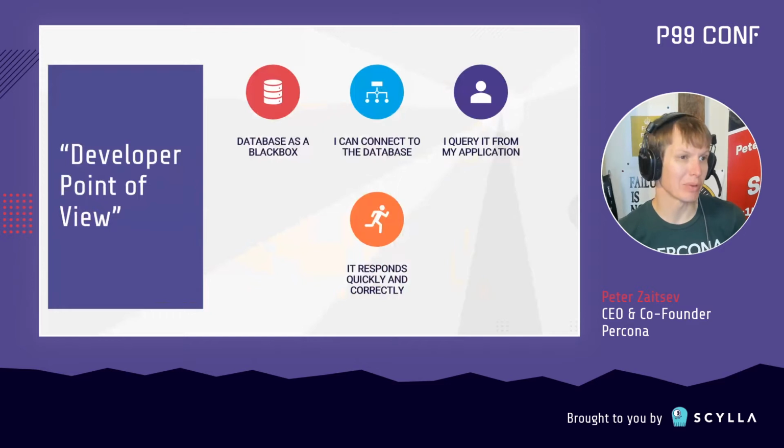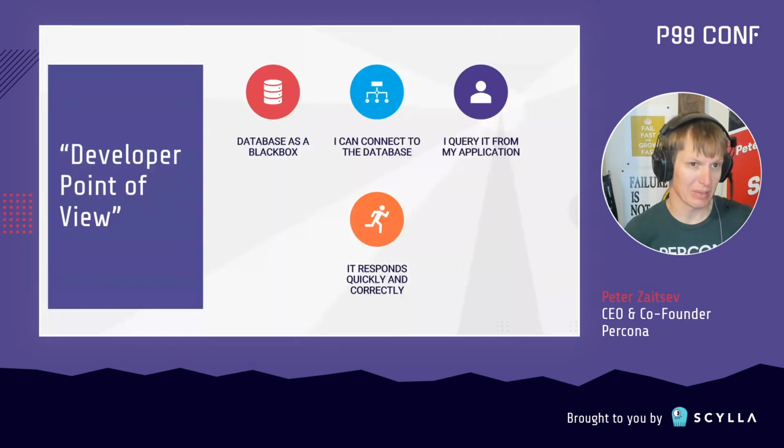From a development point of view, the database is really a black box. With a pure black box approach, you have a database you can connect to, you execute queries, it responds quickly with the correct result set, and that's all you care about. You don't really think about what is going on internally and why it is slow or fast.